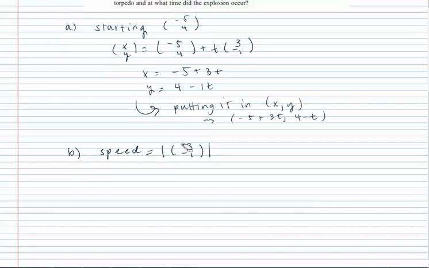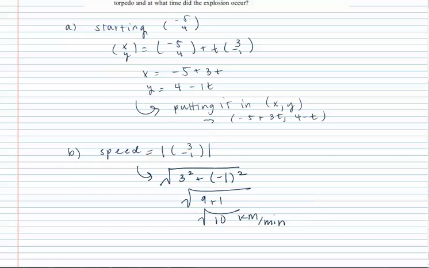To find the speed of torpedo P, we find the magnitude of the velocity vector (3, -1) by taking the square root of 3 squared plus (-1) squared. When you solve it out, you get the square root of 10, and don't forget the units, which is kilometers per minute, and that is your answer.